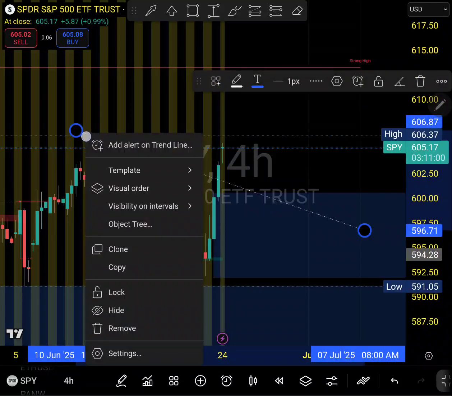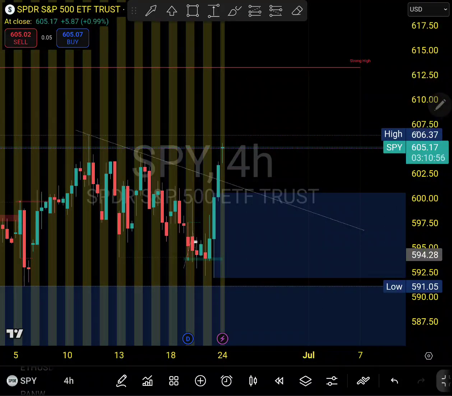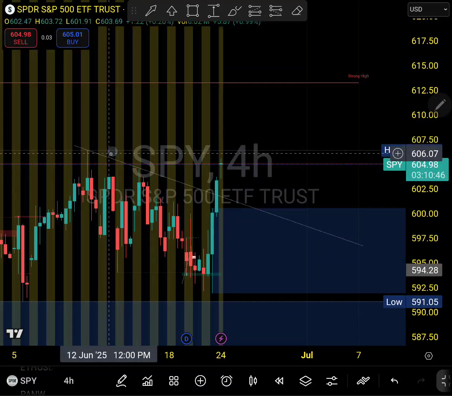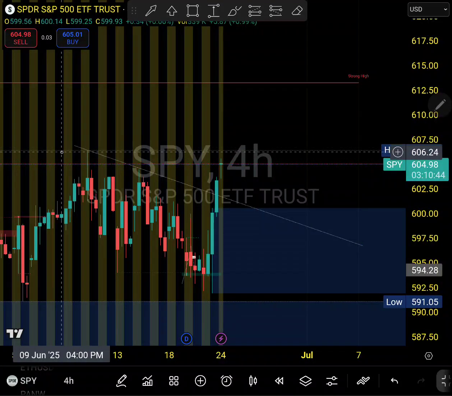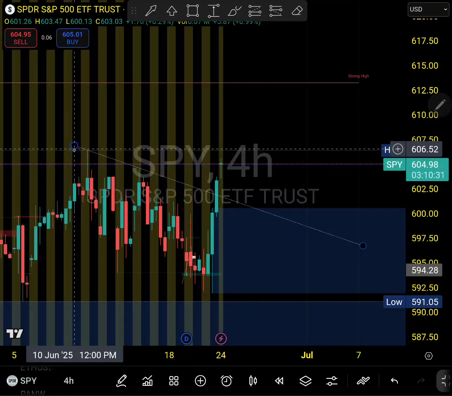So we had a recent high, and when I say recent high, you can look at this side on the right. We had a recent high of 606.39. When I say recent high, I mean after January, we reached it again, falling down from 480.